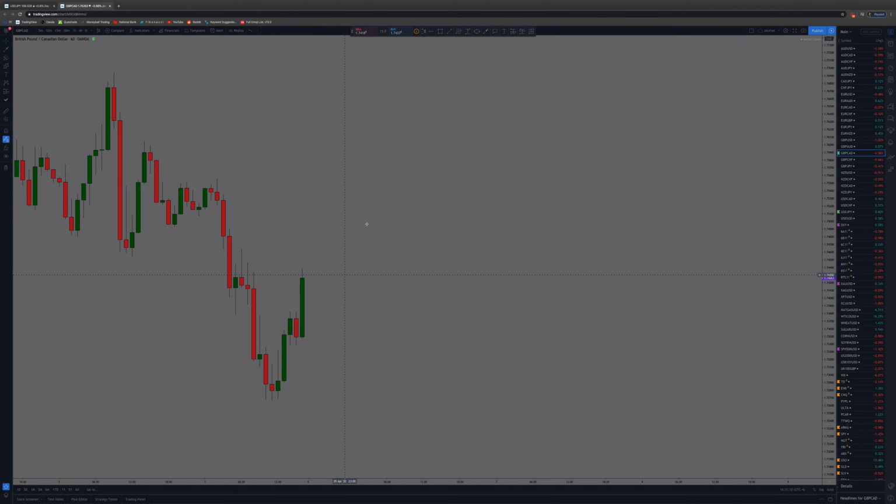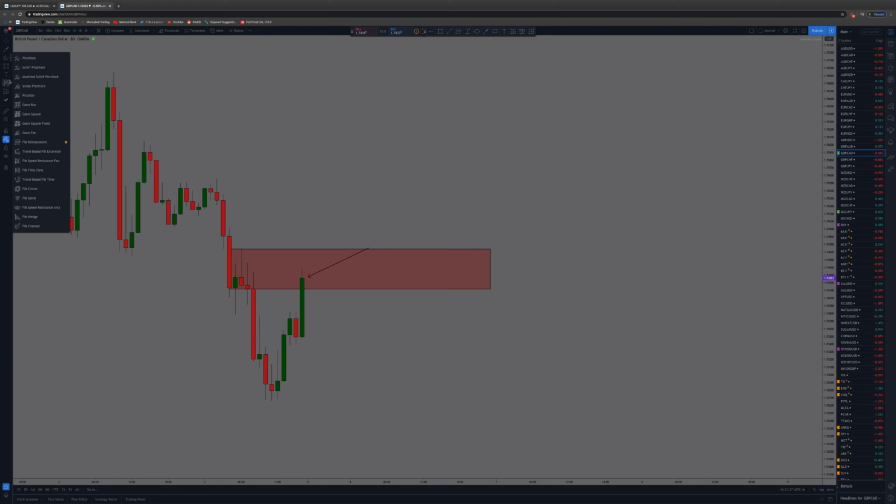And right now, this is a good example. Price is right here, and then we have price sitting in this supply zone. This supply zone is your typical, I keep losing this, here it is. Keep losing what I want, which is the polyline, my bad.